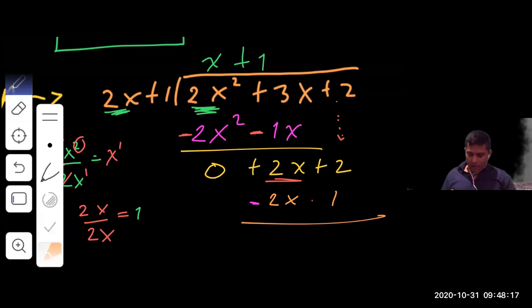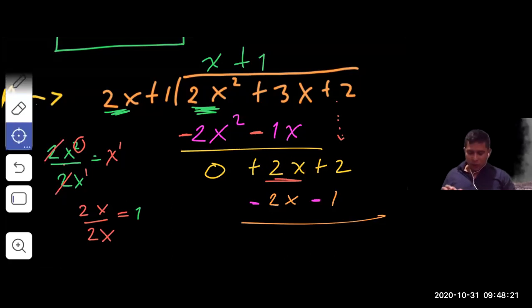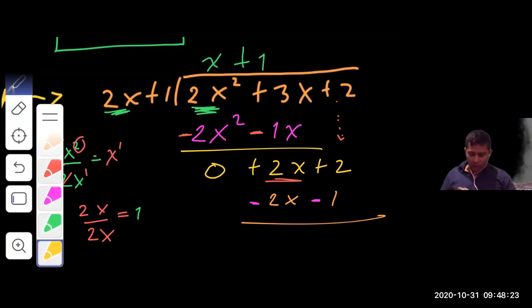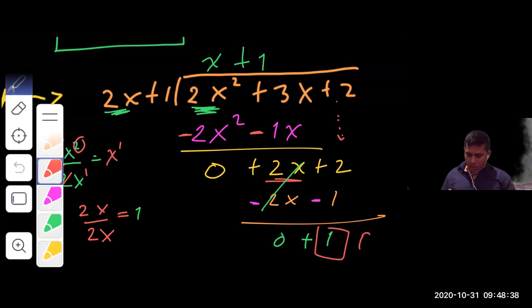That's the only difference. And now, guys, let's simplify. 2x minus 2x. What is that equal to? 2 minus 2, 0, right? It's always going to be 0. And 2 minus 1 is positive 1, right? And we finish. This is the remainder. I don't care about that.